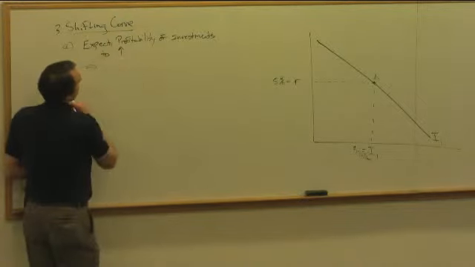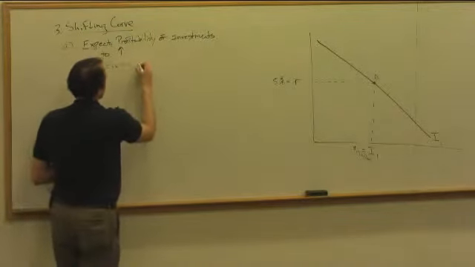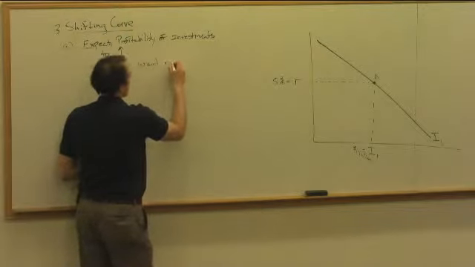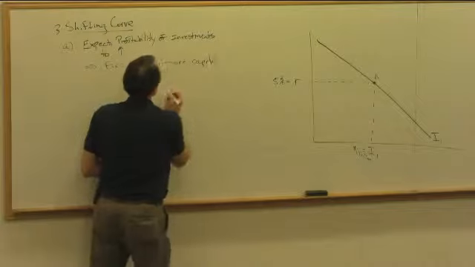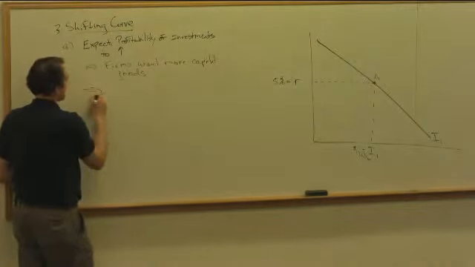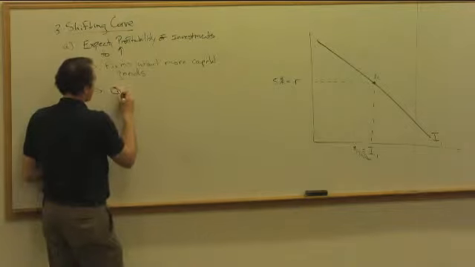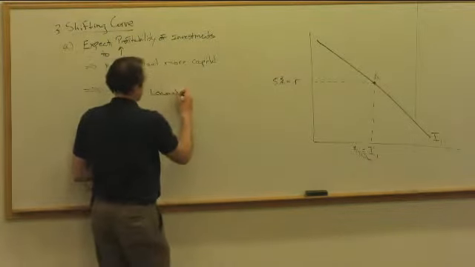So if the expected profitability of investment increases, then this means firms are going to want more capital goods, more factories, more tools, all that, more capital goods. And if firms want more capital goods, then the quantity demand of loanable funds is going to increase.